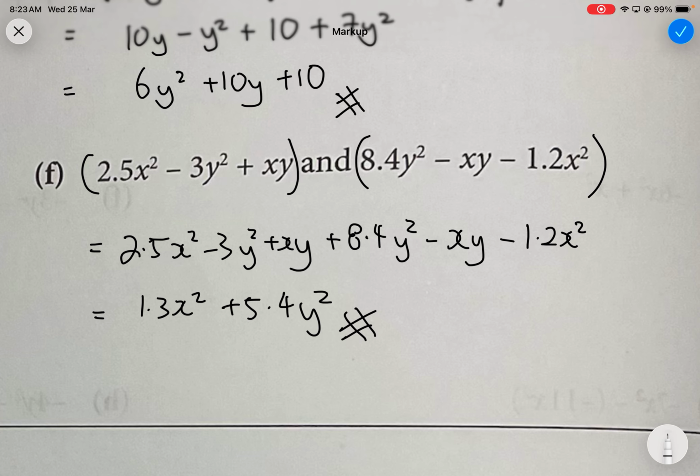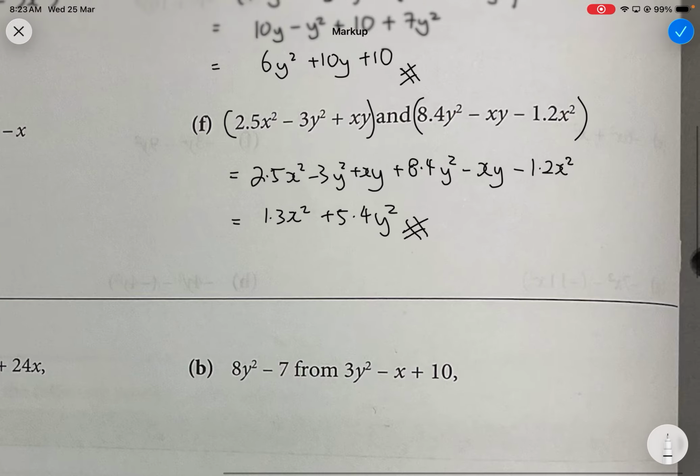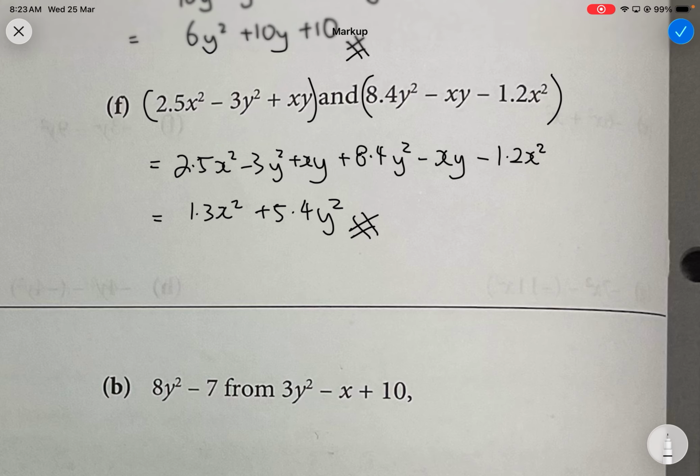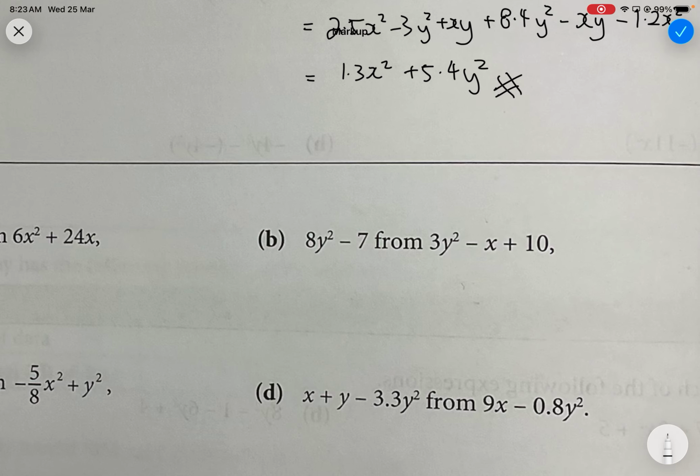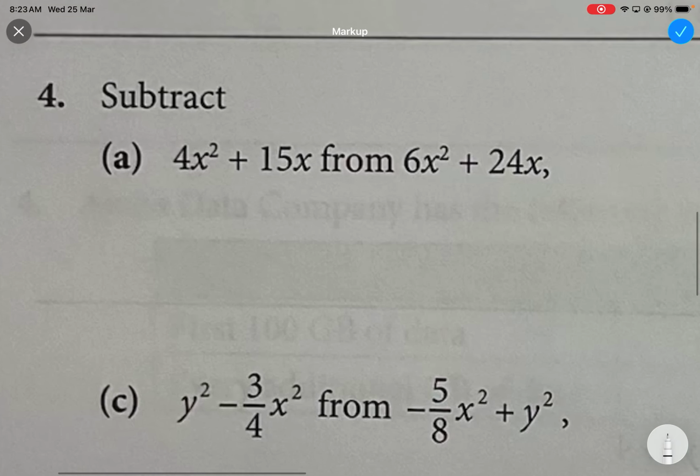When they belong together, you put them inside a bracket. Okay? Then when you are subtracting, this one minus this one, minus the negative. So if I write one more step, it will actually become like that. Minus a positive number. Minus a negative number. That's why it become plus. I am minusing a negative number.